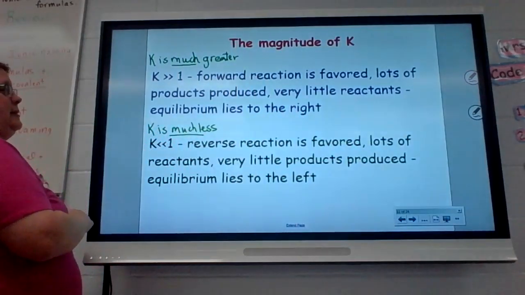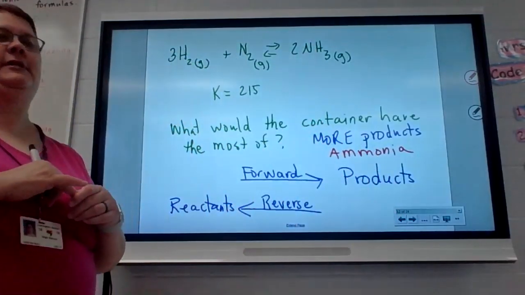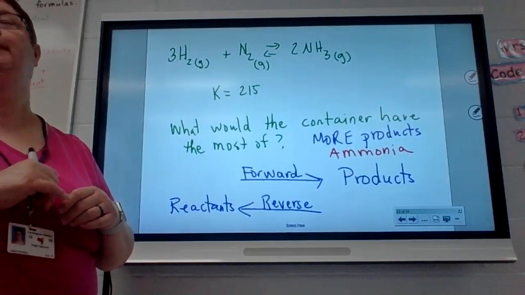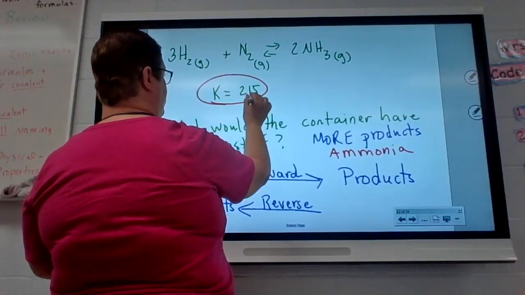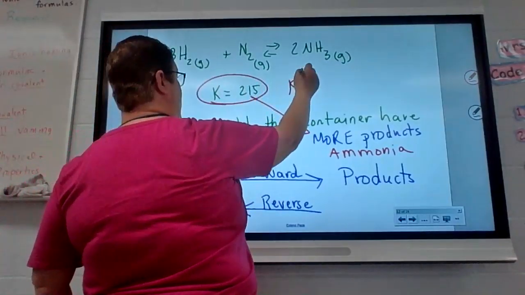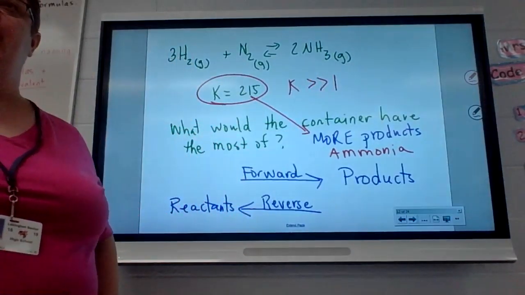What about this? K would tell us. K is more than one. What number is K? 215. What does that have to do with it? I don't get it. K is much greater than 1. That's right.